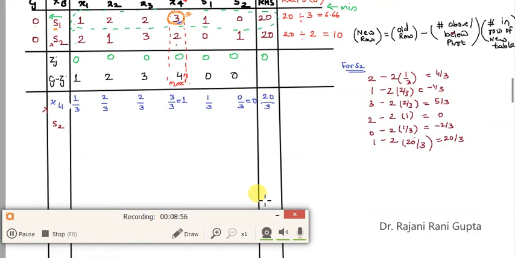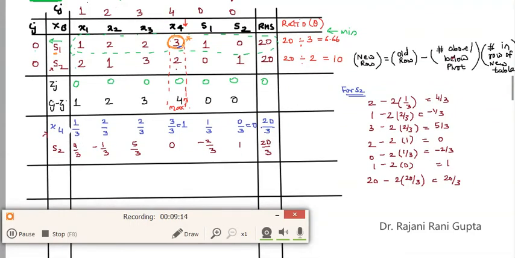So let's write down here 4 over 3, minus 1 over 3, 5 by 3, 0, minus 2 by 3 and 20 by 3. Then we write the corresponding value for x4, it is 4.